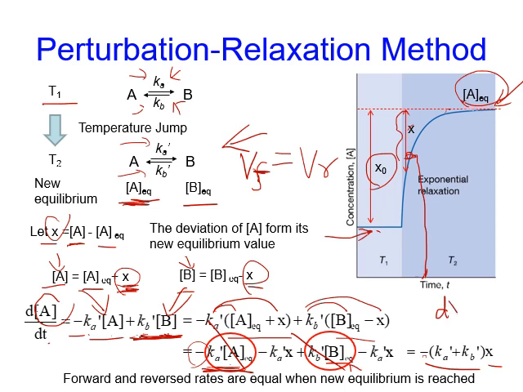So we have an equation: dx over dt equals negative Ka prime plus Kb prime times x. We're going to derive the equation that relates the time with the k constants in the next slide.